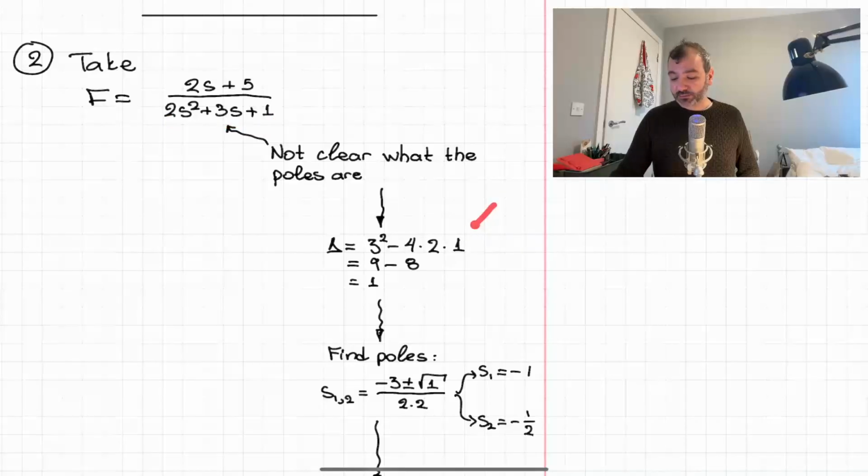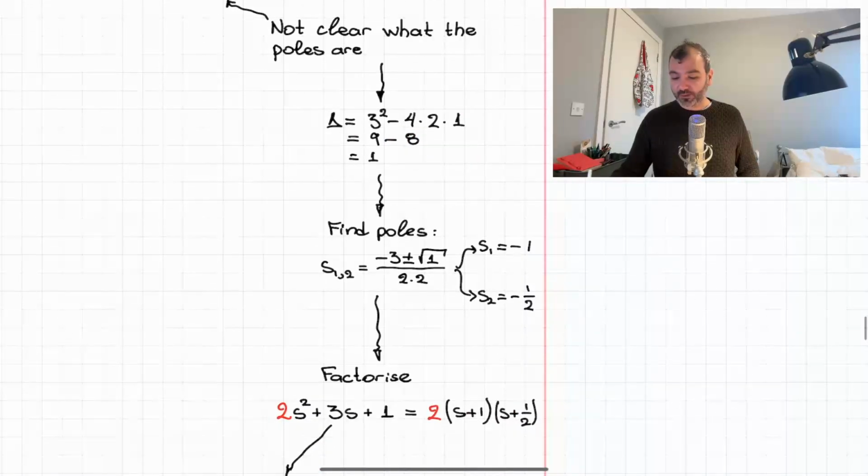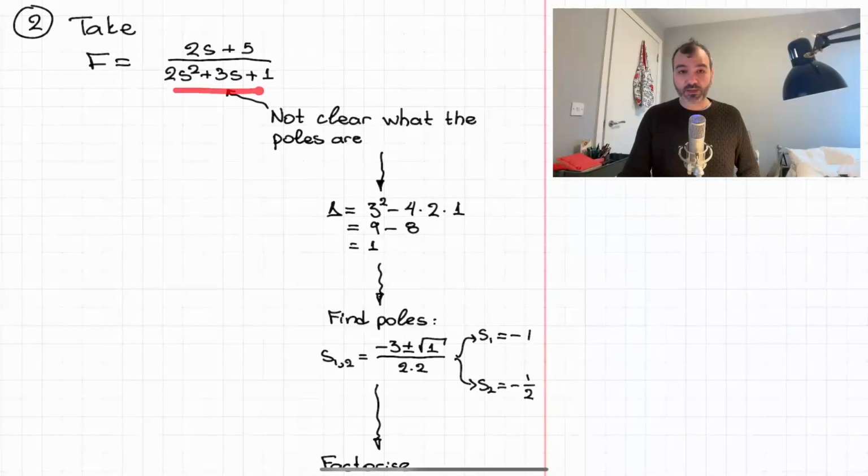We take the discriminant, delta, and we find it to be equal to 1. Then we determine the poles of the denominator. These are minus 1 and minus 1/2. And this allows us now to factorize the denominator. The denominator is 2s squared plus 3s plus 1.